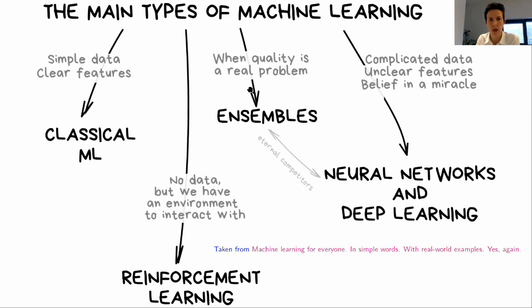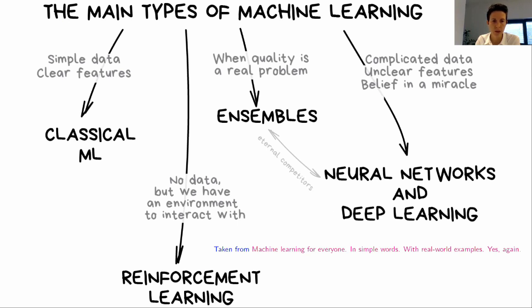And these ensemble methods, think gradient boosting, think stacking, and the neural networks, they are eternal competitors. They are like gold standards in terms of predictive accuracy, which often compete with each other.